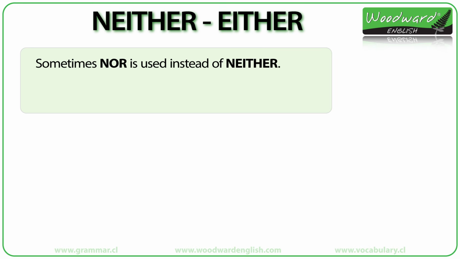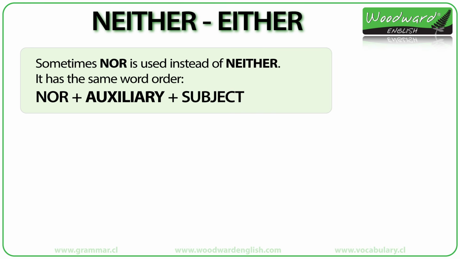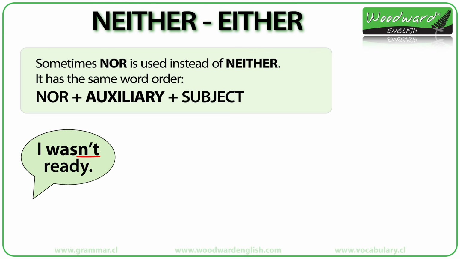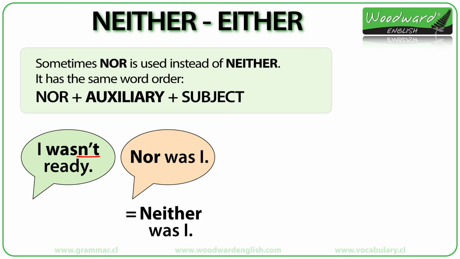Sometimes nor is used instead of neither. It has the same word order of nor plus auxiliary plus subject. For example, if someone says, I wasn't ready, you can respond with, nor was I, which means neither was I. Both forms are correct.